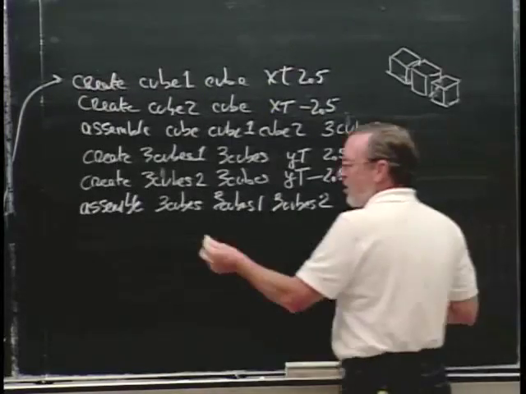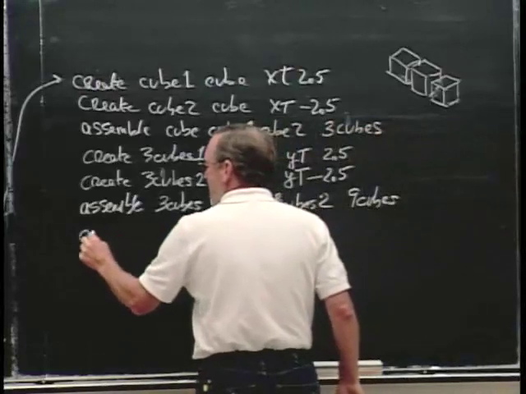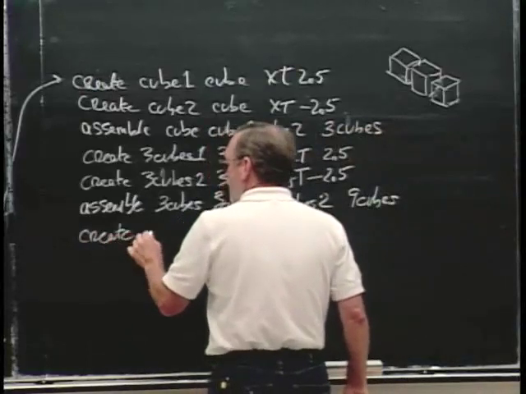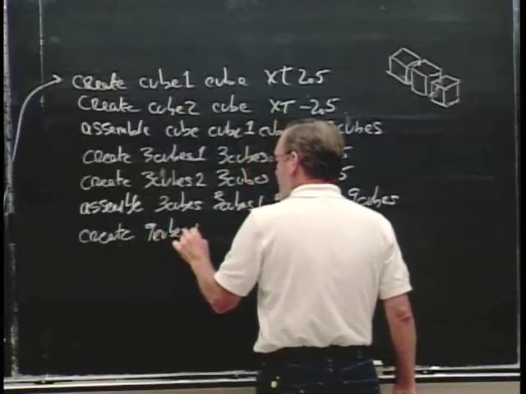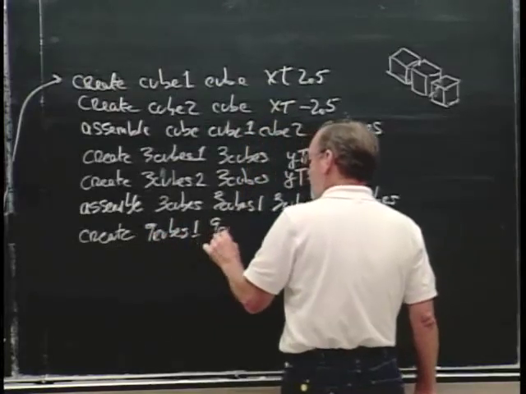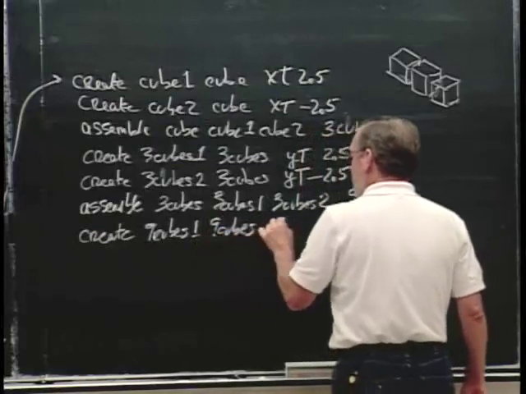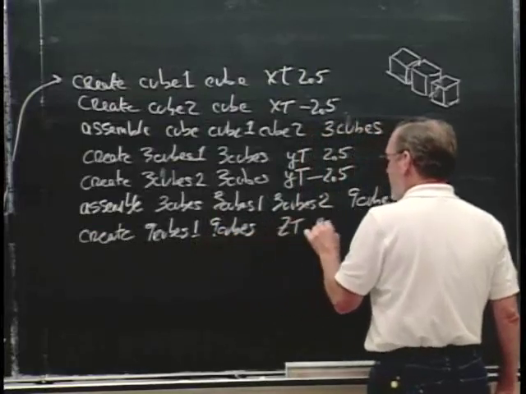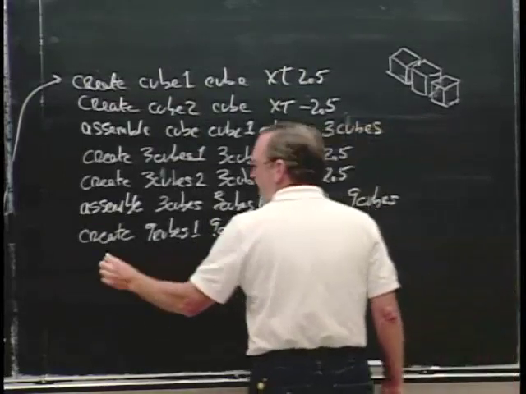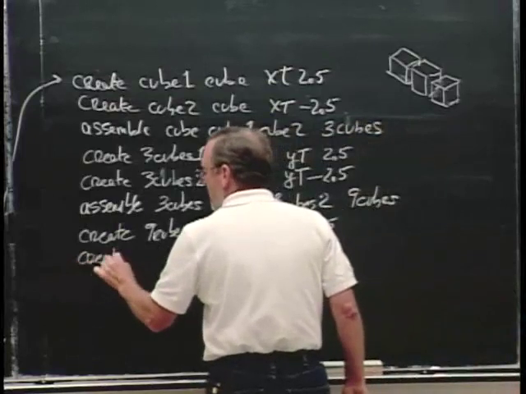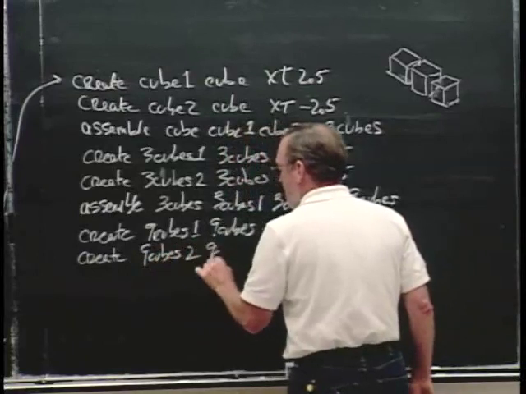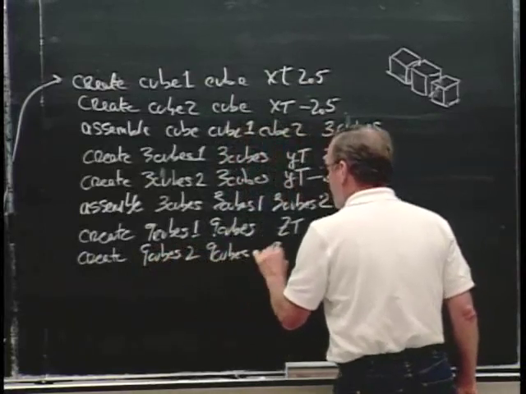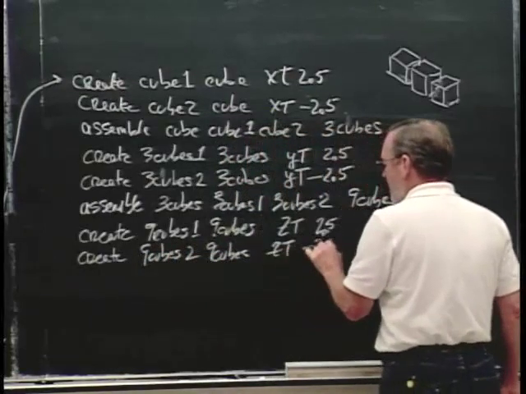Okay, I'm going to do one more, and I'm going to do create 9 cubes 1. You can probably figure this one out. From 9 cubes with a z translation of 2.5. And I'm going to create 9 cubes 2 from 9 cubes with a z translation of a minus 2.5.